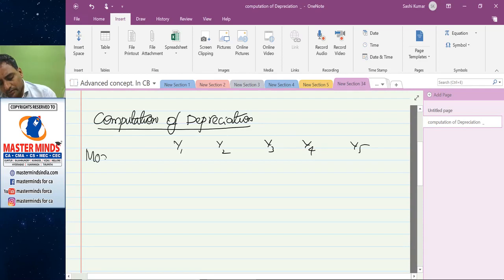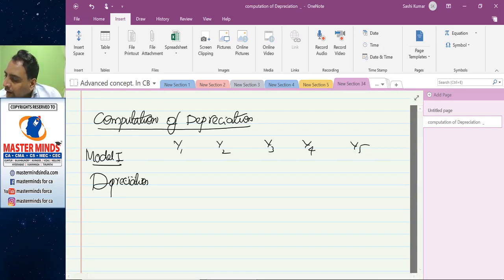Model 1 depreciation. So 25% on 1 lakh, 25,000.